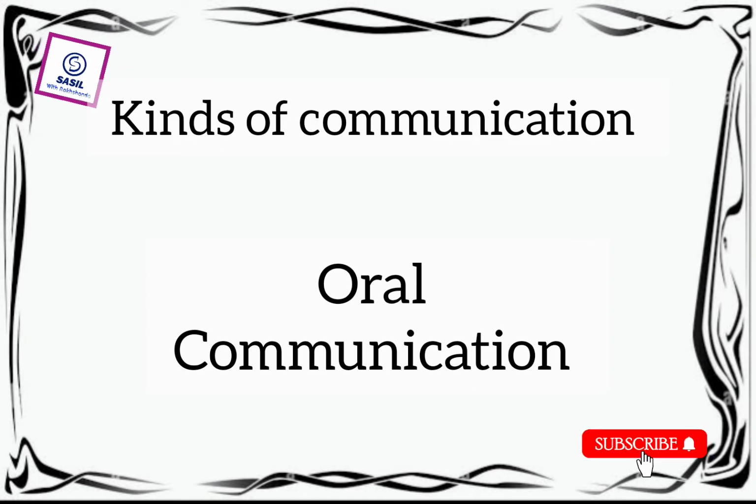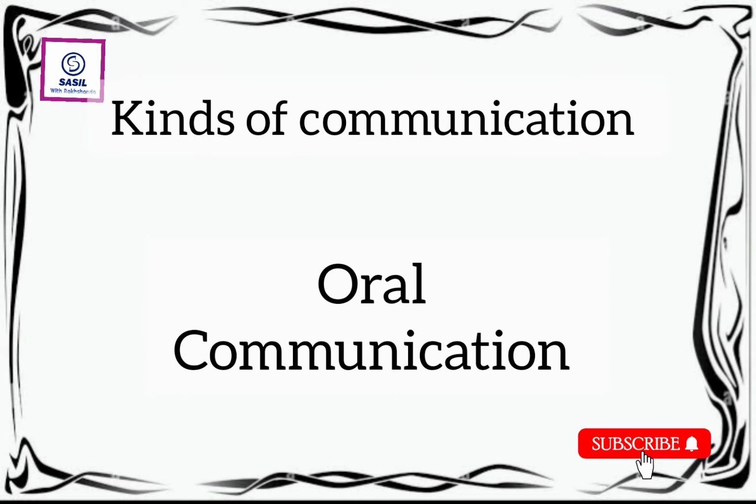So what are the different things which make your oral communication successful? First is planning of your communication. You should plan what you have to say. You have to determine the purpose. You have to determine the objectives.